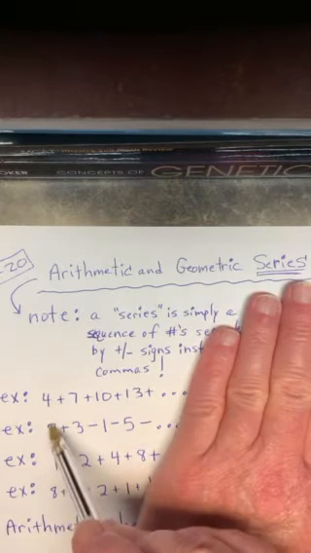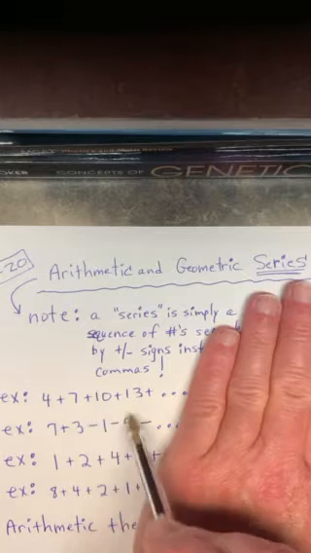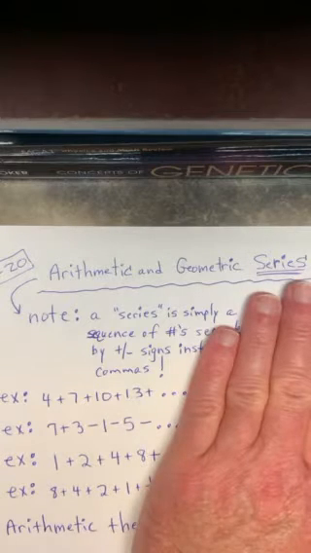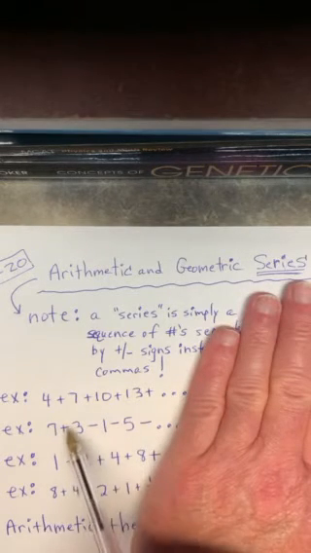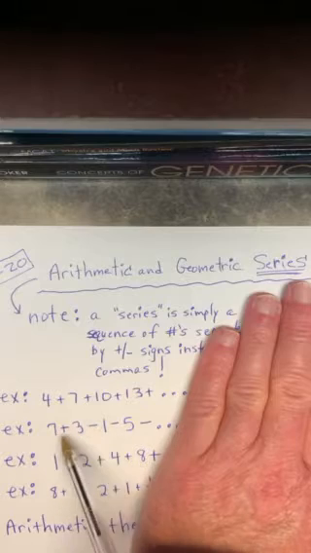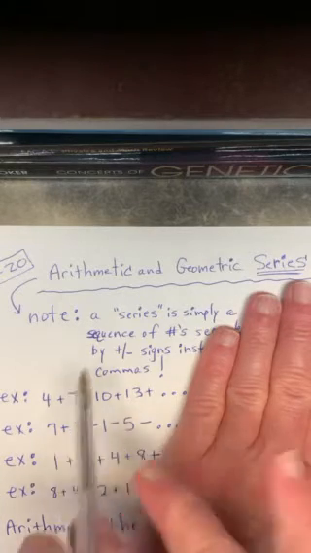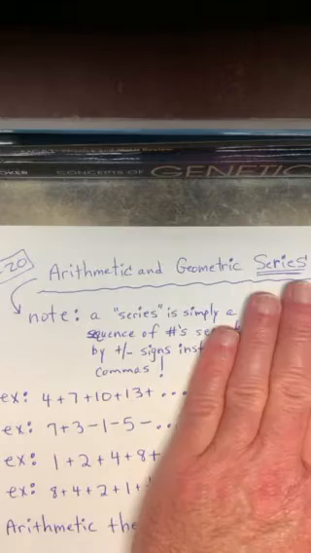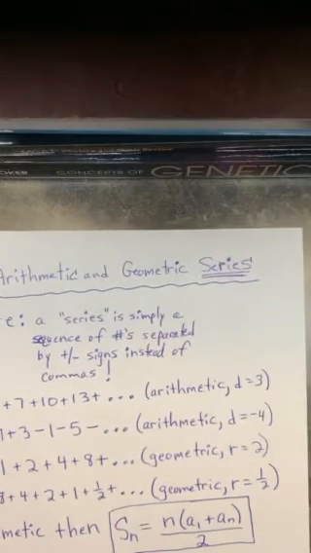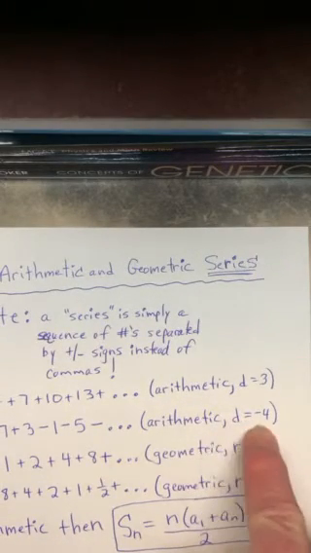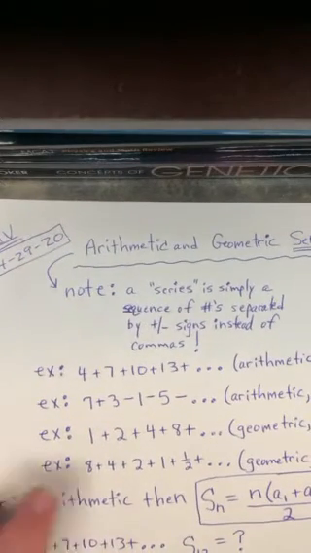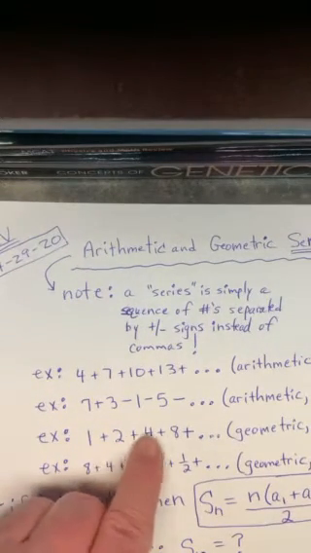So it looks like I'm adding -4 each time to create the numbers. And because they're separated by pluses and minuses instead of commas, you don't call it an arithmetic sequence, you call it an arithmetic series whose difference is -4. Agreed?